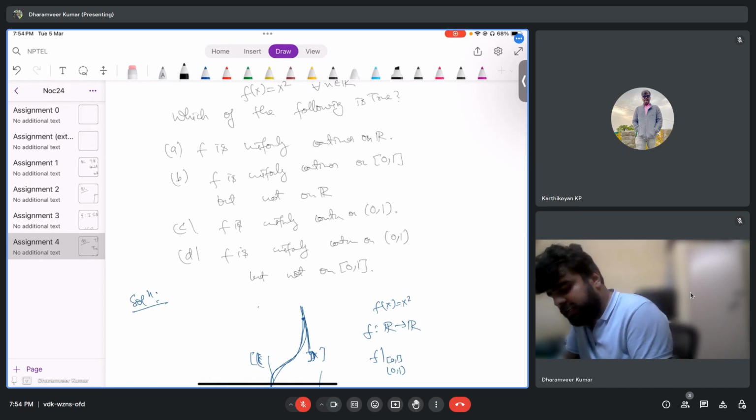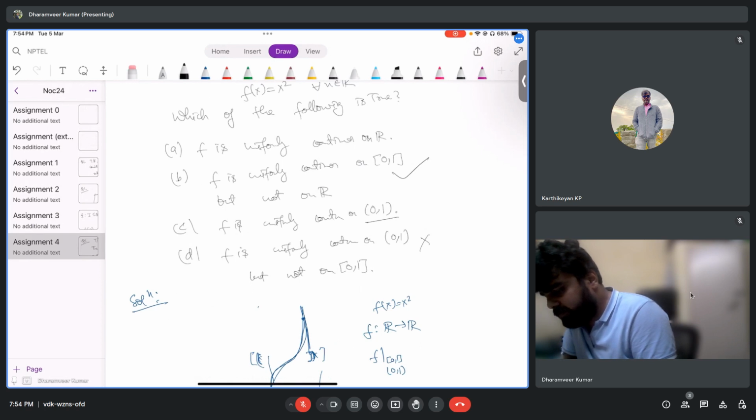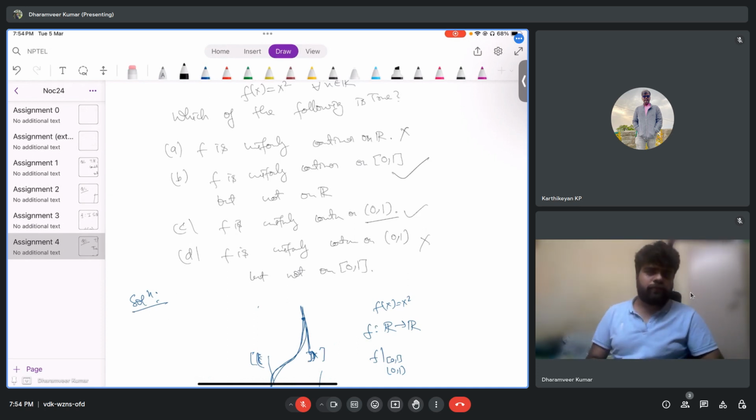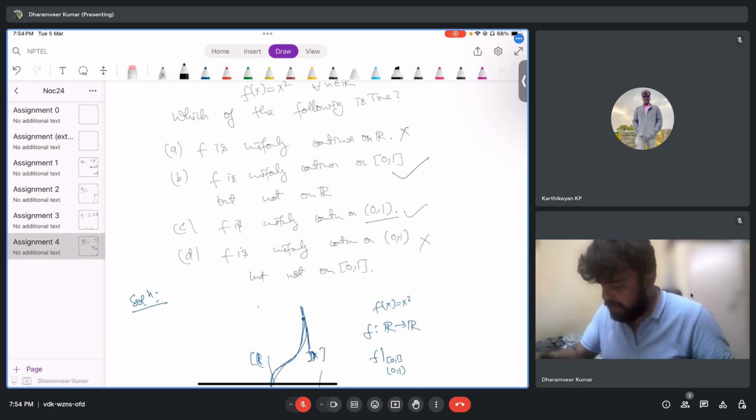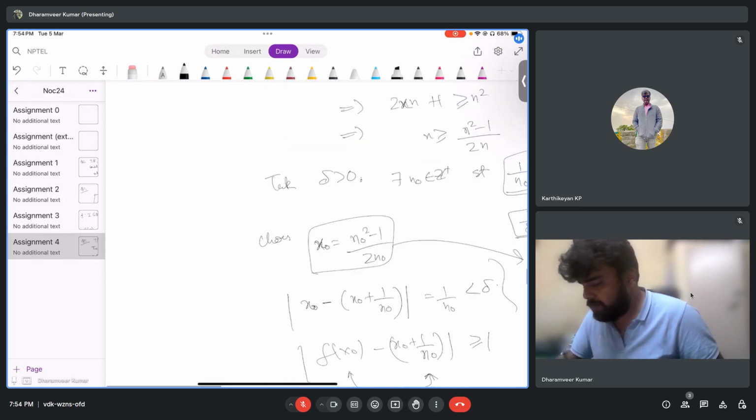Then obviously f is uniformly continuous over here as well. We have shown that in general for R this is not true, so that is wrong. But if this is true, this is also true. So I'll prove this claim and we'll finish our class with that.